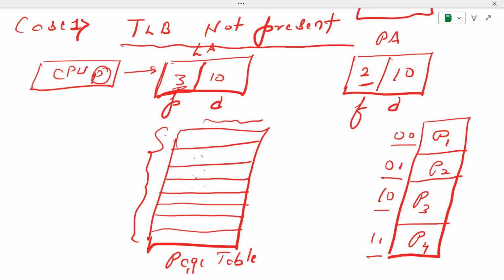So let's say for 0, 1, 2, 3, 4, 5, 6, 7, for each page number we have the corresponding frame number. So let's say page 0, we don't have any frame number associated with that.